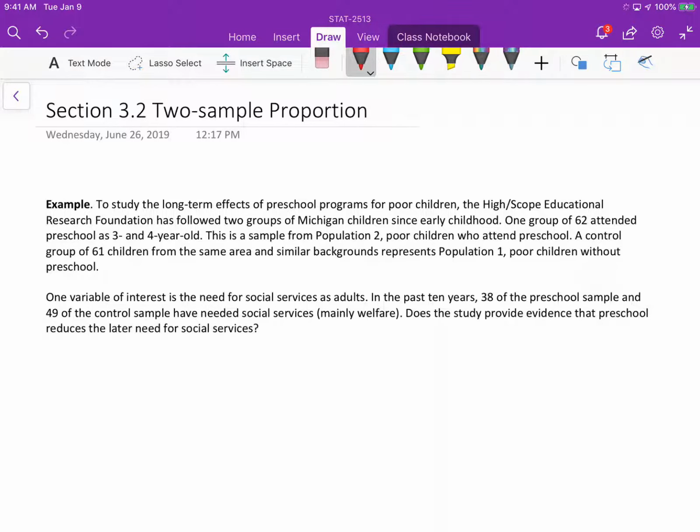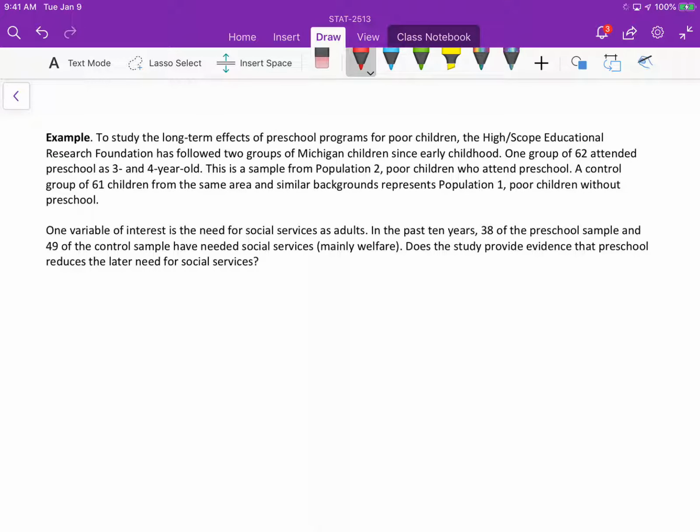I want to use this example to explain how to compare two proportions. In this example, to study the long-term effect of preschool programs for poor children, the High Scope Educational Research Foundation has followed two groups of Michigan children since early childhood.